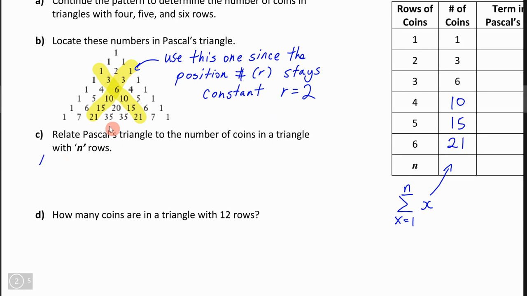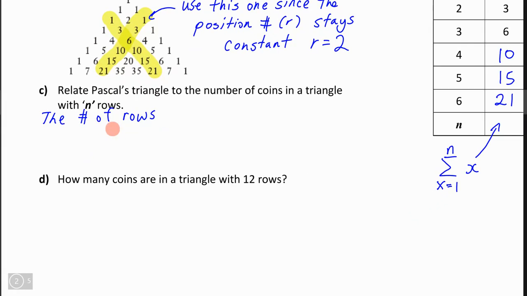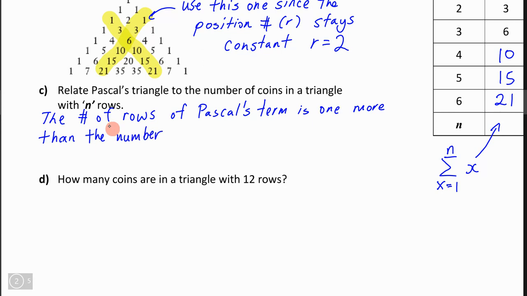So here I'm going to say the number of rows of Pascal's term is one more than the number of rows in the triangle shown.